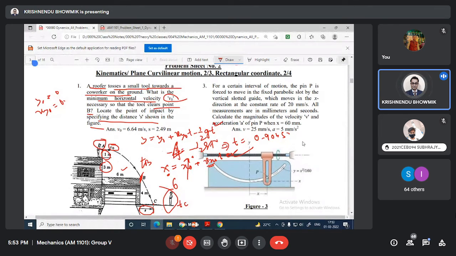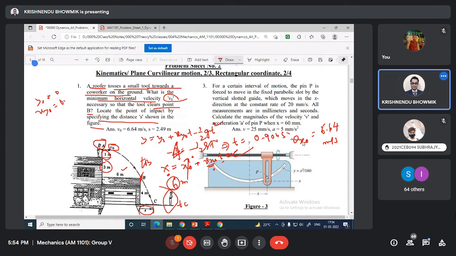Then you can write this distance. t you know, v0 you don't know, x is 6 meter, time you know, so you can calculate vx0 equal to, say, how much? Let me check. 6.64 meter per second.